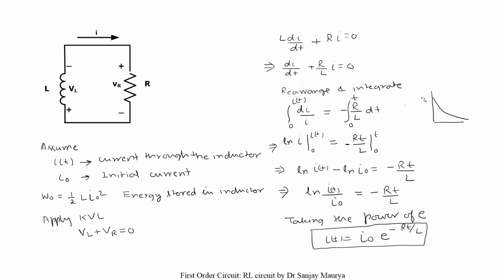This is your current I naught at t equal to 0, and this current is decreasing exponentially. From the equation i(t) equals I naught e to the power minus Rt by L, I'm picking the quantity L by R as tau, then I can write i(t) is equal to I naught e to the power minus t by tau.